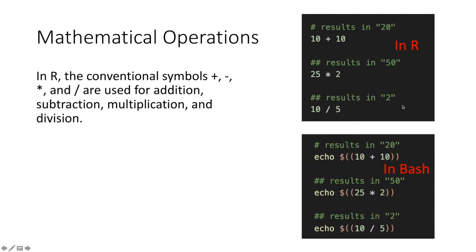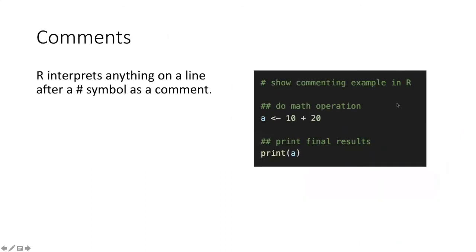All right, and then about comments. Again, pretty similar to Bash, R interprets anything on a line after the hash symbol as a comment. So anytime you have a line that starts with a comment, that line will be ignored when R tries to execute the whole thing.